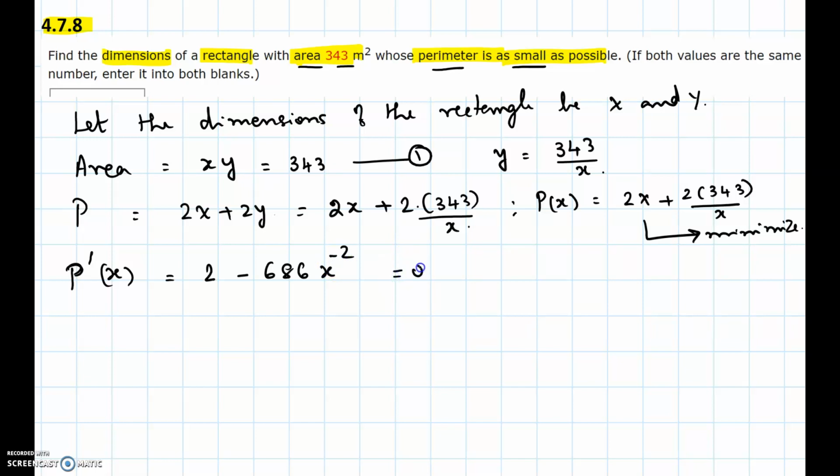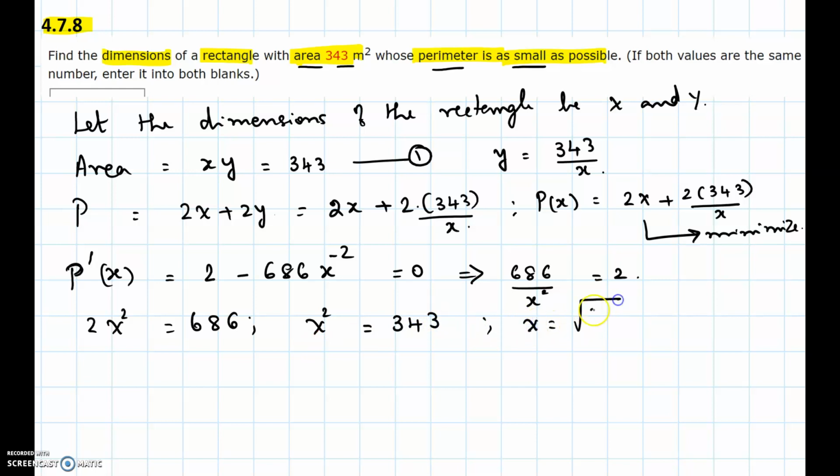So by setting that to 0, we get the critical number. So it is 686 over x square equal to 2, or 2x square equal to 686, or x square equal to 343 by dividing by 2, or x equal to square root of 343, which is going to be 7 square times 7. 7 cube is 343, which is 7 square root of 7.